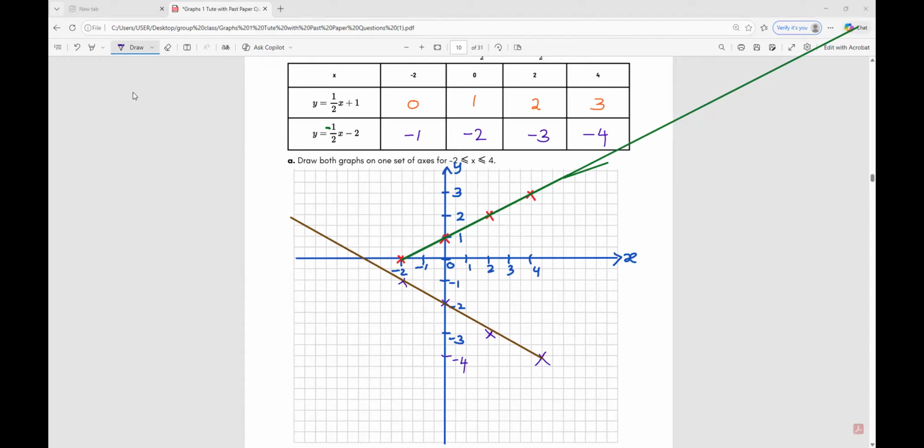Minus 2, minus 1; 0, minus 2; 2, minus 3. Minus 3 is here.